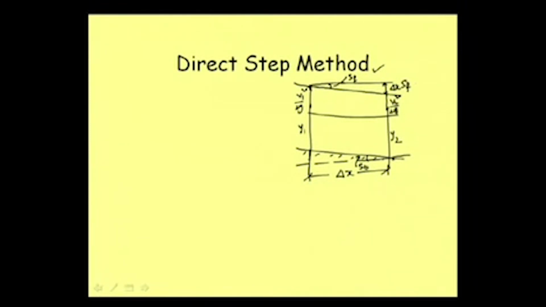And similarly, say this particular extent: if this is delta x and SB is there, then this distance will be delta x into SB. Okay.